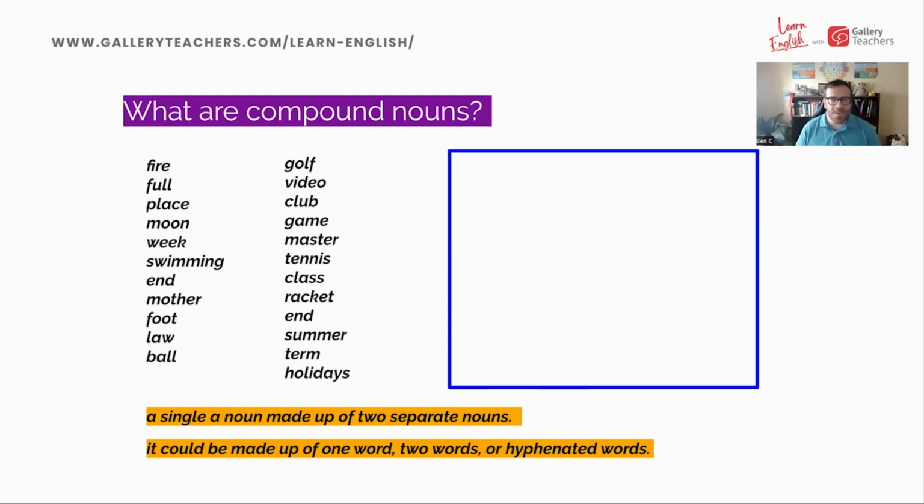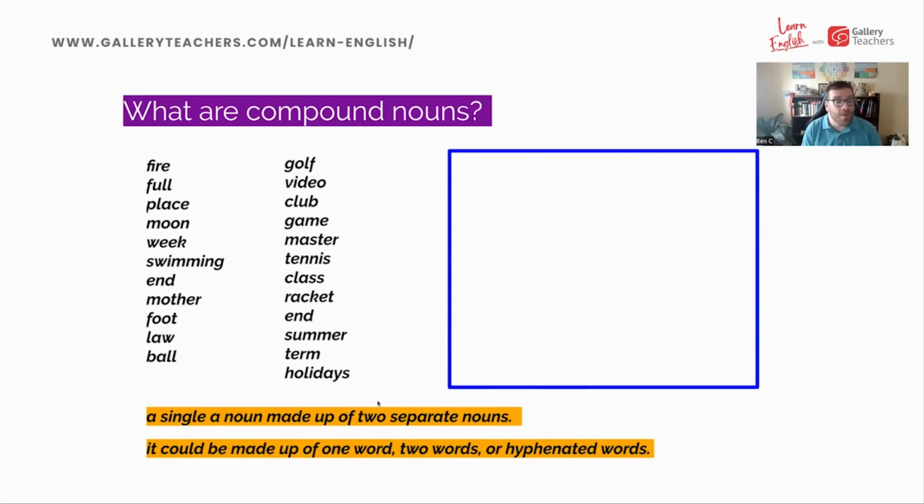So these are all single nouns, and some of them, such as fire or full or club, have one syllable. Some of them have more syllables, like master, swimming, summer, mother.